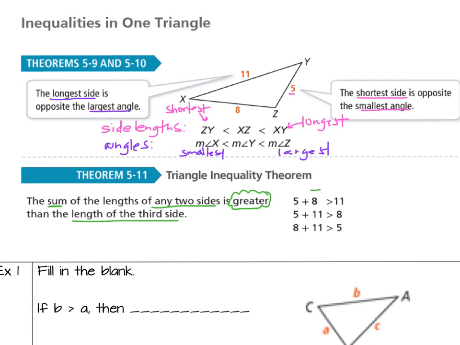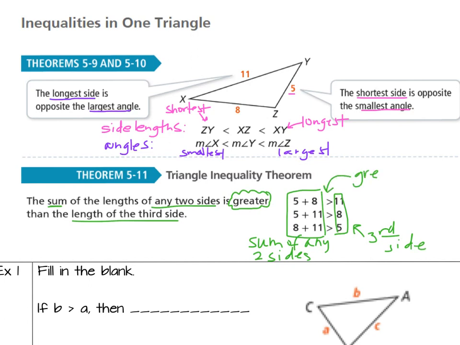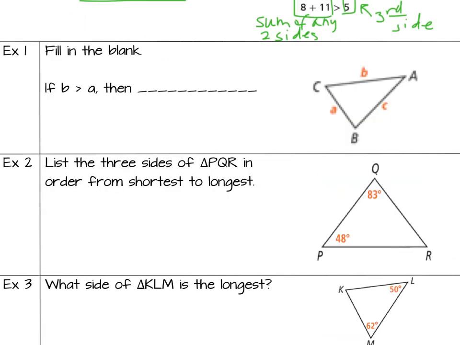So this entire left-hand side would be the sum of any two sides, no matter which two you pick. Now the right-hand side, this is always the third side. And the inequality in between them means greater than. We're going to do some work with these inequalities throughout this lesson.